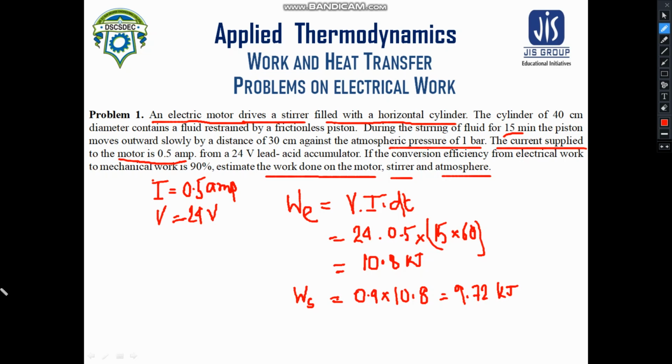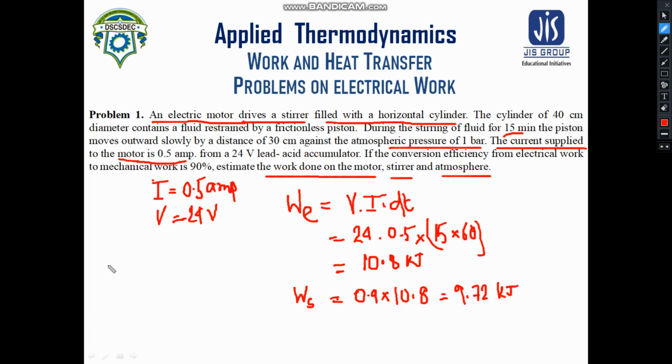Because of the stirring action, the temperature of the fluid is increased, and the thermal energy which was contained also gets increased. The increase in thermal energy helps the piston to expand a certain distance of 30 centimeter against the atmospheric pressure of 1 bar.